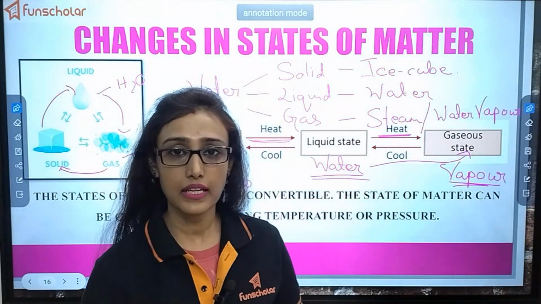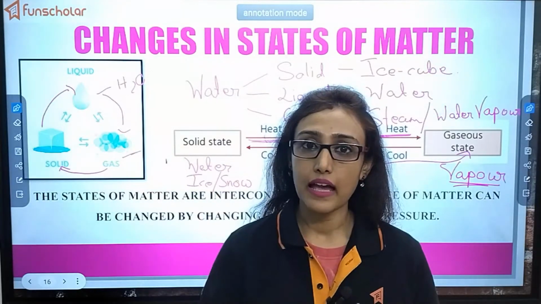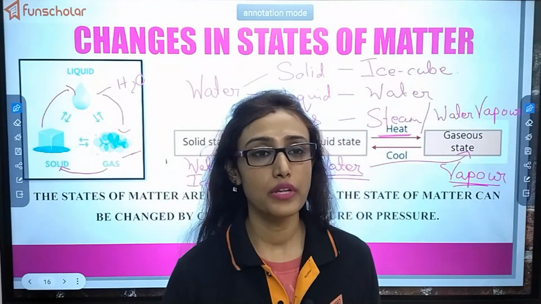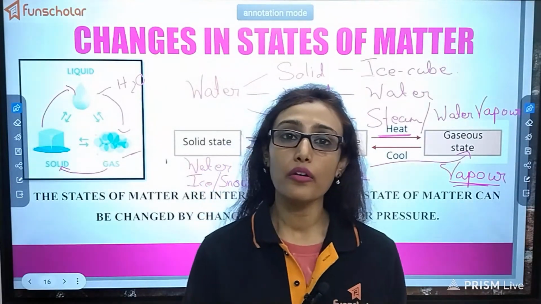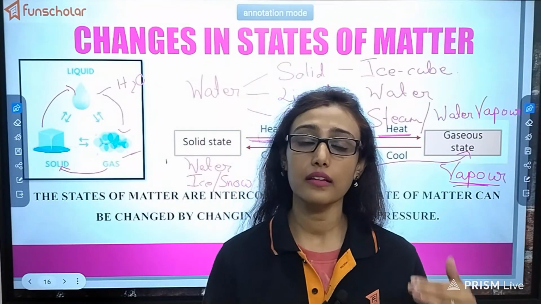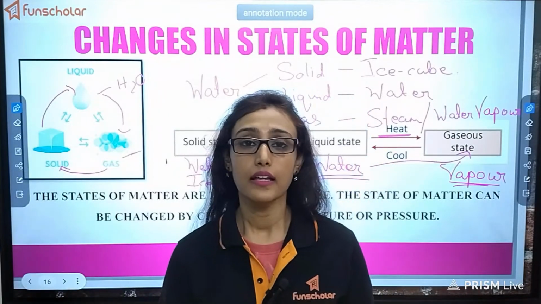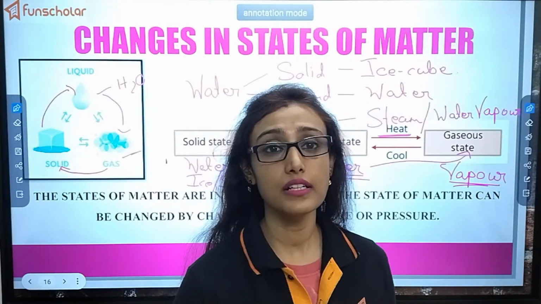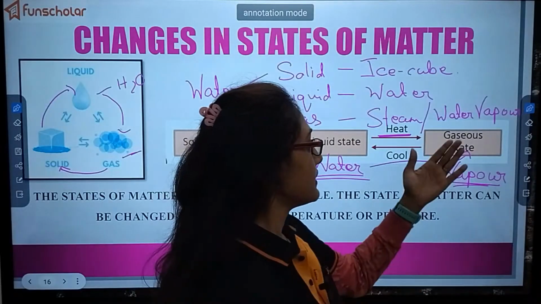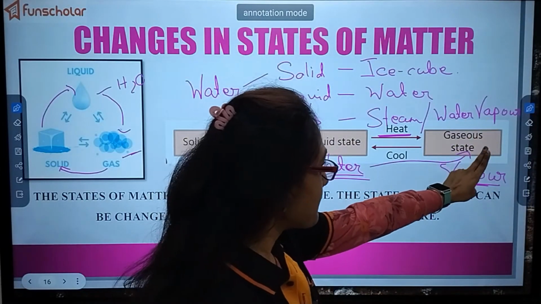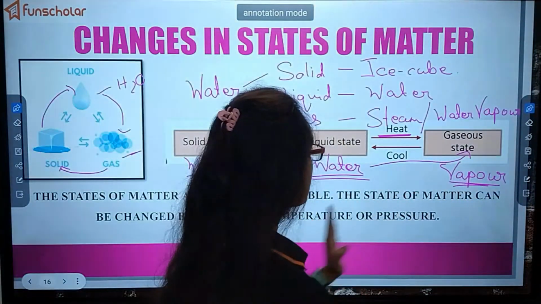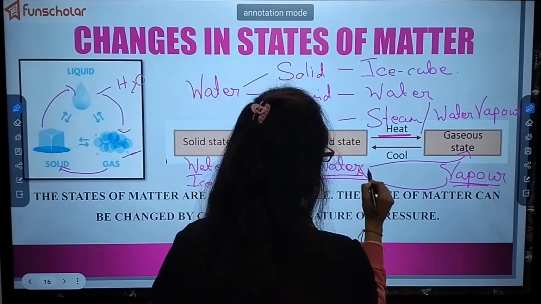Now, how do you see vapor in nature? During summer, you observe that the ponds, lakes, streams, even the rivers, the amount of water decreases with time. You know how? Because due to the presence of extreme heat, water gets vaporized and converts into gas, that is water vapor. Now, again, if you cool down the vapor, it will be converted to liquid state.